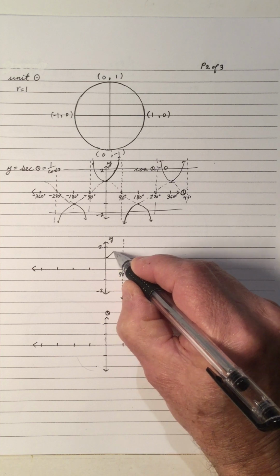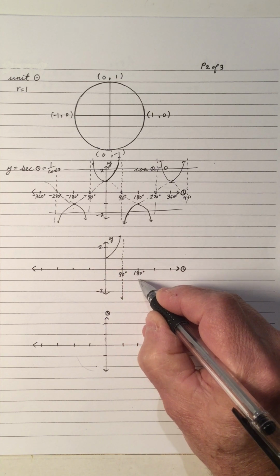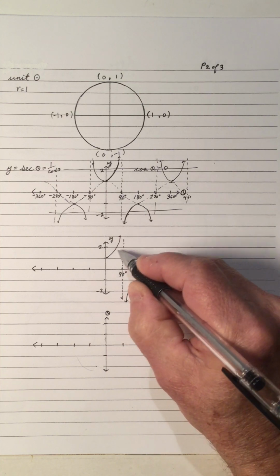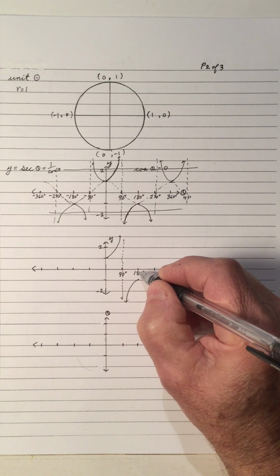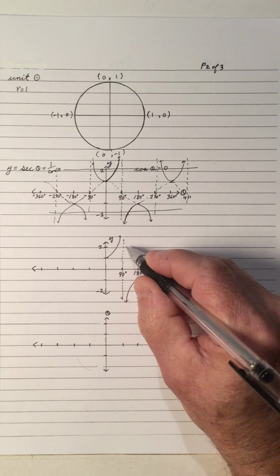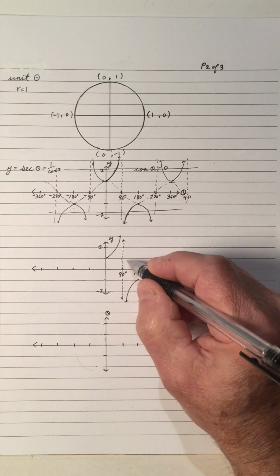So they restrict it from 0 to 180, which is the same restriction as in the cos, and 90 is the vertical asymptote.